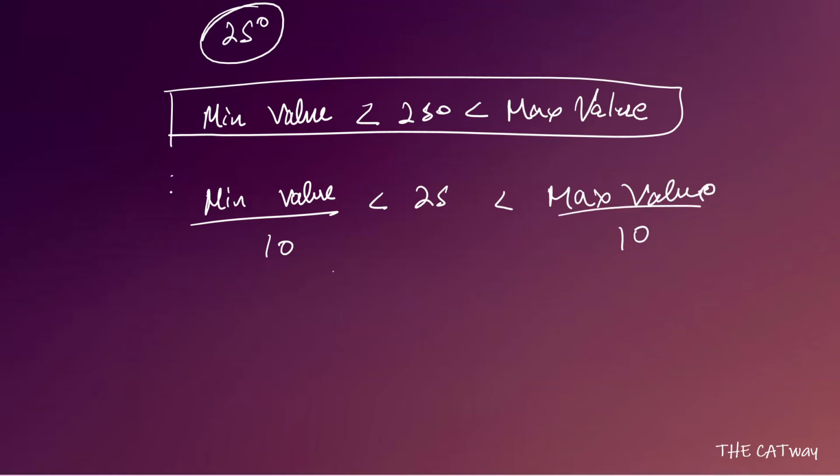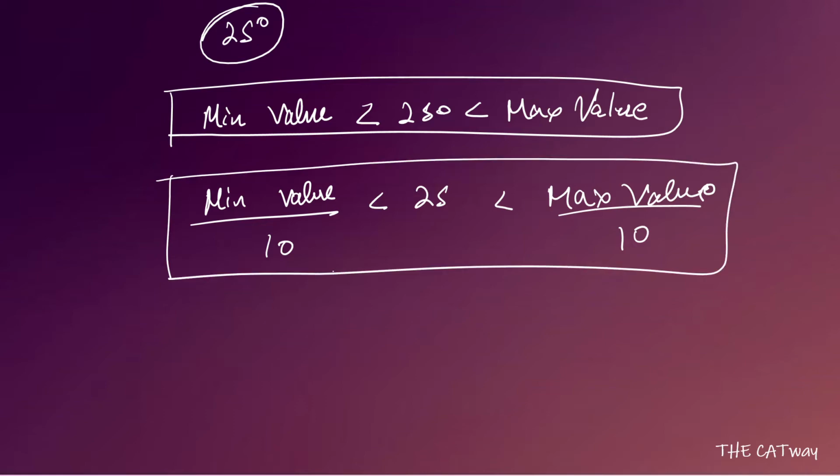Then only we can say that the average temperature in this particular city over the 10 days can be 25, because the minimum average has to be less than 25 and the maximum average has to be greater than 25. Then only is it possible that a city can have 25 degrees Celsius as its average temperature.